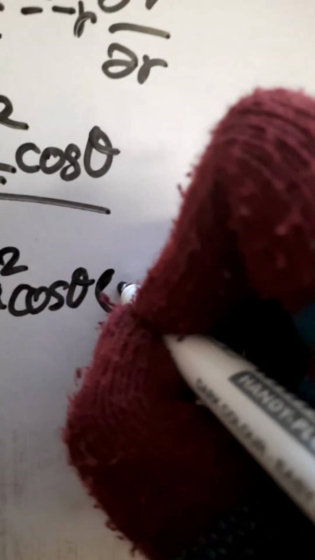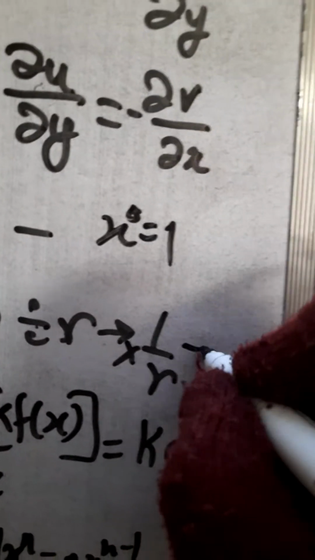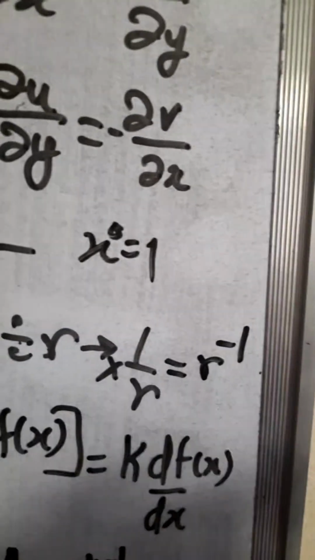Plus, what do I have to do now? Okay, so a square cos theta are the other terms, and these would be taken as a coefficient outside. Now what I would do is, this would be r raised to minus 1, derivative, because I told you 1 by r is equal to r raised to minus 1.